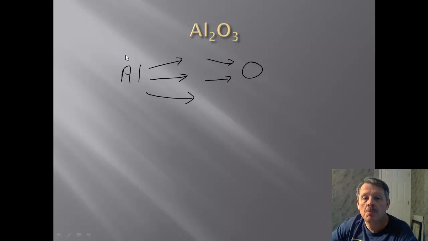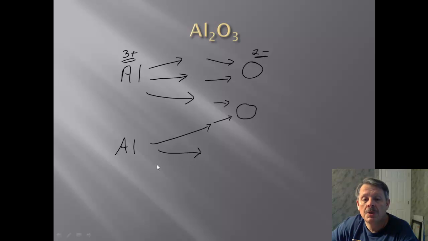If you remember, aluminum has a +3 charge, and oxygen takes on a 2- charge. Oxygen will take on 2 electrons, and aluminum wants to lose 3. Well, aluminum has lost 2 electrons to this oxygen, but the problem is it still has 1 to get rid of, so it finds another oxygen. And that oxygen wants 2 electrons, but it can only take 1 from this aluminum. So it has to find another aluminum to give it that electron.